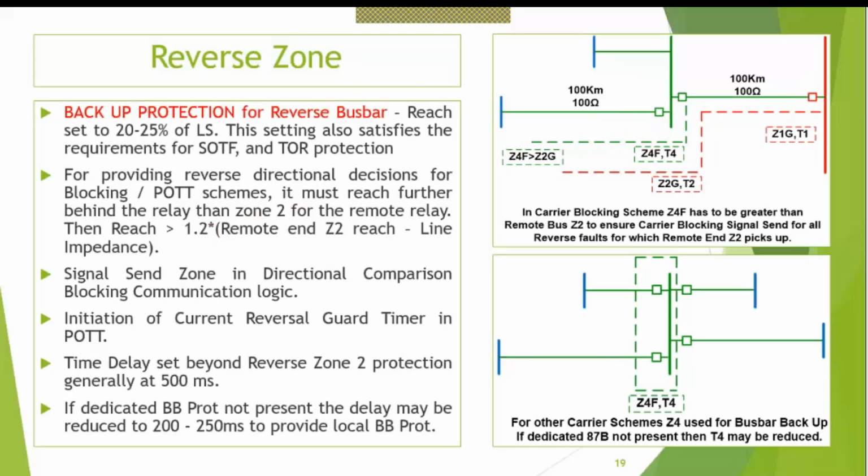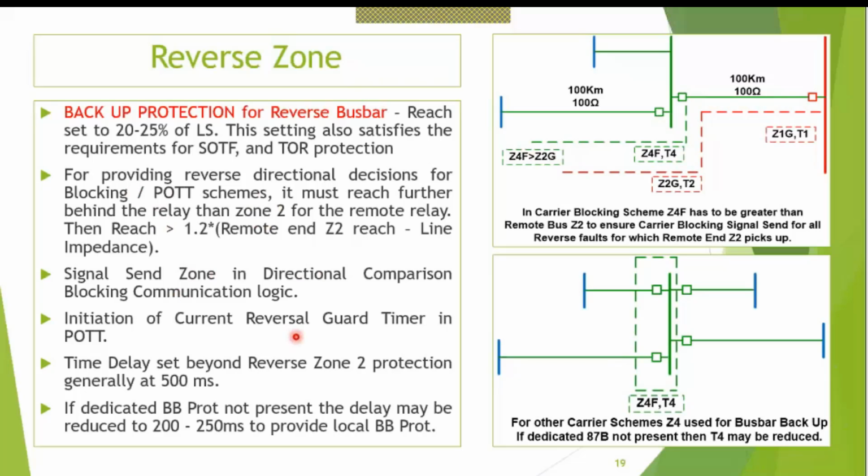Sorry, this is the zone 2 minus this line impedance. This subtraction of Z2 minus line impedance multiplied by 1.2 will be my zone 4 reach over here. Otherwise, I won't be able to send carrier under all faults. If I am not able to send carrier, this relay might overtrip unnecessarily. That is only for blocking schemes, the directional comparison blocking carrier scheme.